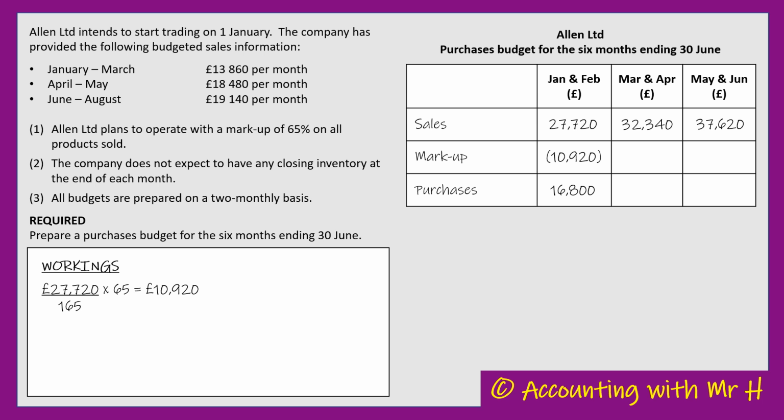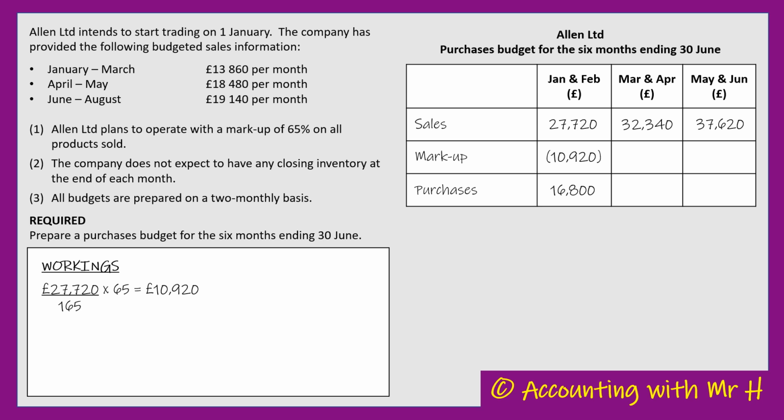And another thing just to be careful of, you might be thinking, well, couldn't I have just taken 65% away from the sales, the 27,720? And the short answer is no, because what you've got to think is the purchases, the cost, was 16,800, and to that they add on 65%. So in order to work backwards, I've now got to see the sales as like 165%.